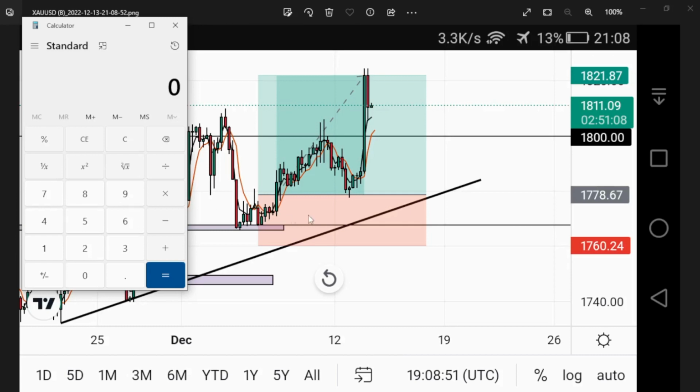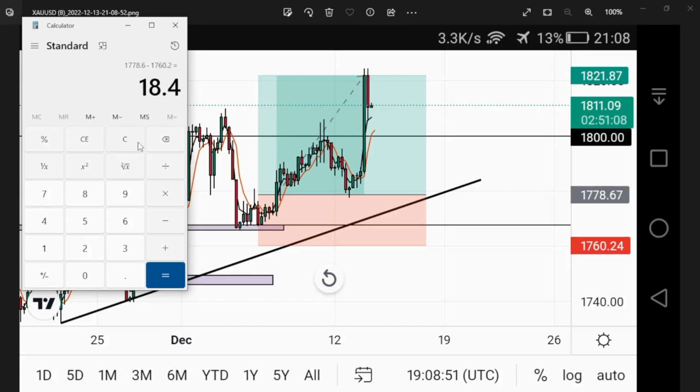So let's calculate how many pips the stop loss is away from my entry price. So what's our entry price? 1778.6. We leave out the last digit, remember? So minus 1760.2, we enter. So 18.4 pips.